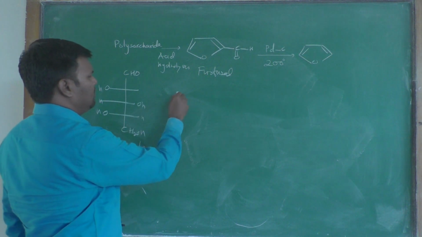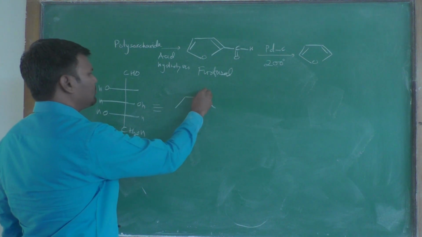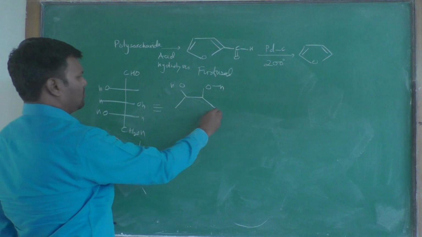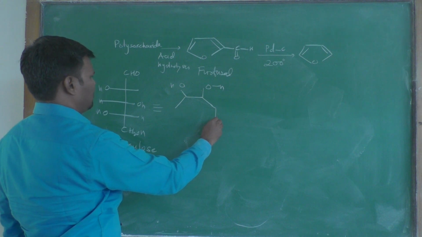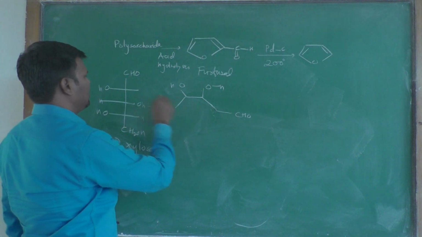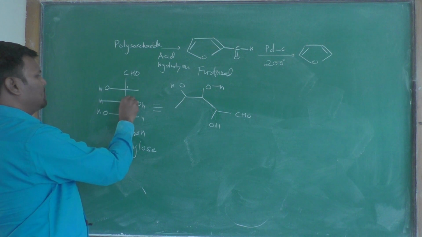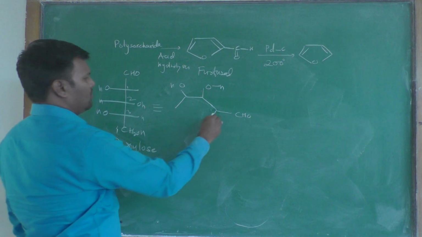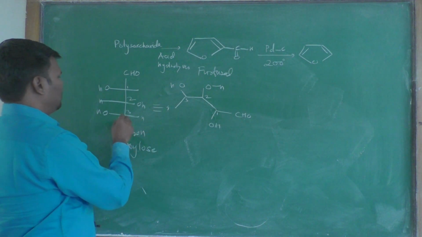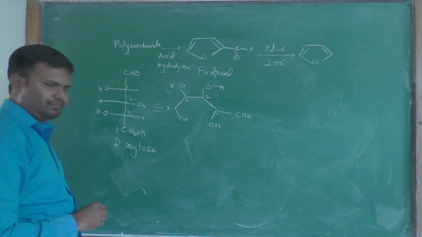This compound can be written like that: CHO, and at that second position there is OH. If you give the positions first, second, third, and the fourth, the fourth position is CH2OH.